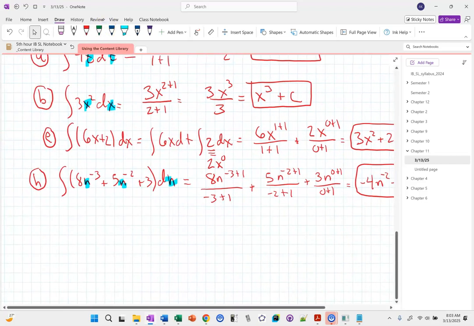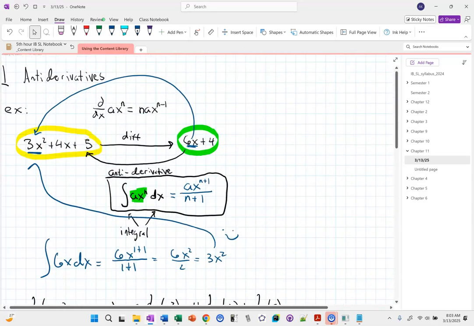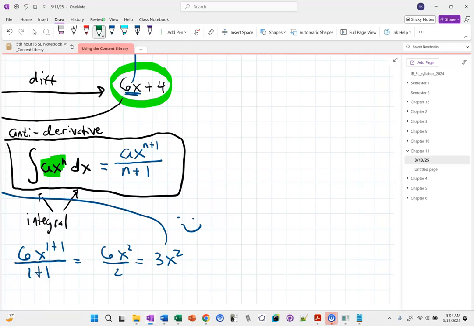One thing worth noting, if we go back to this rule, I'm going to put a little asterisk here. That rule works for all values of n except for n equals -1.